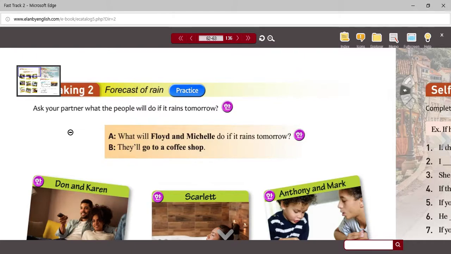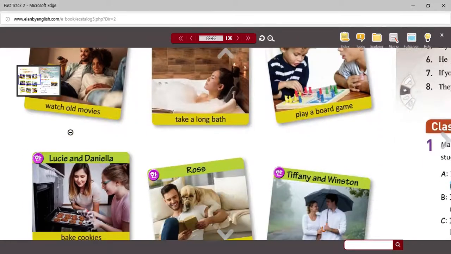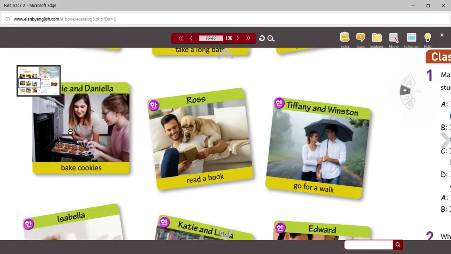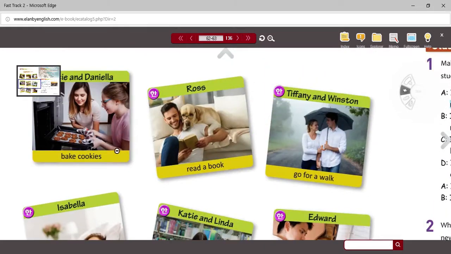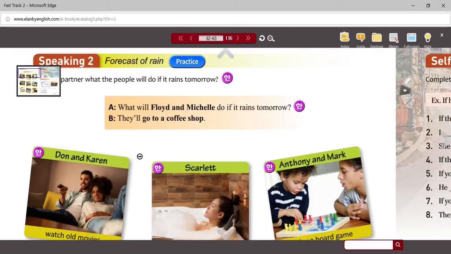Now, in this case, the likely outcome is that people are going to stay inside. Now I won't go into other situations where you might have to stay inside all day. But in this case, the specific situation is if it rains tomorrow.